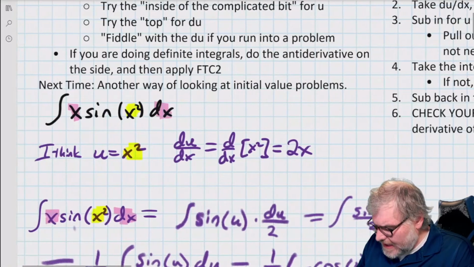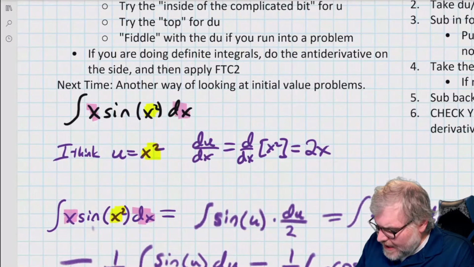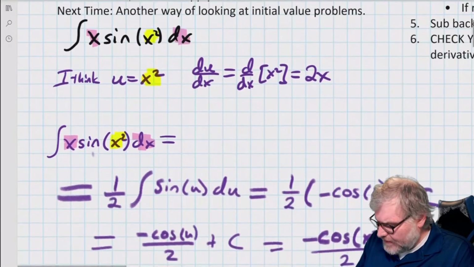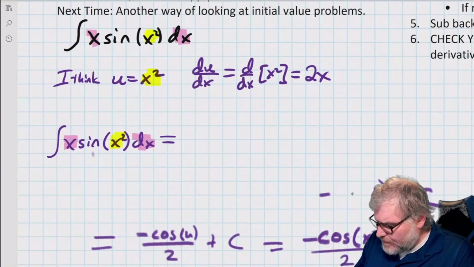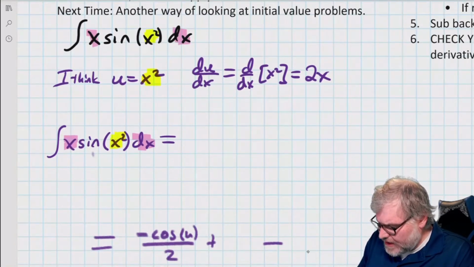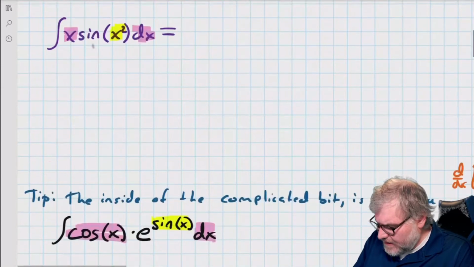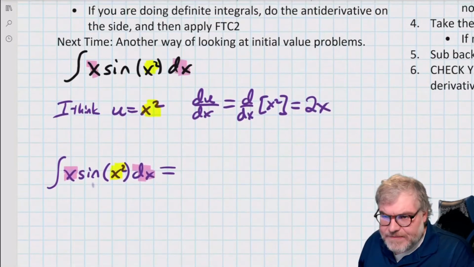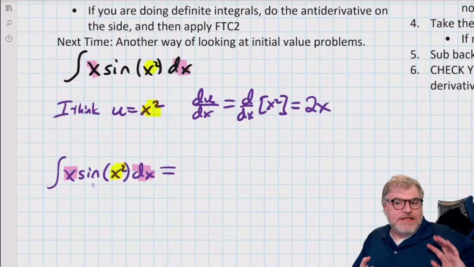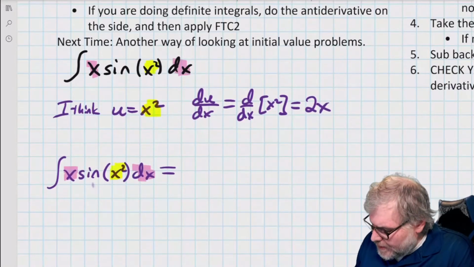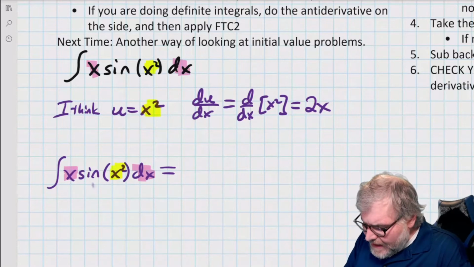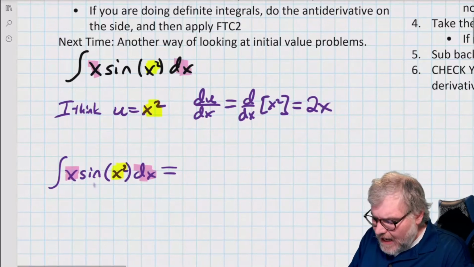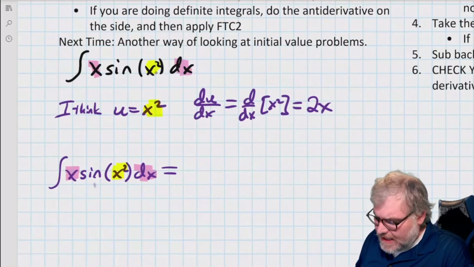Let's look at this, and it should be emphasized that we're going to play a little bit fast and loose with this idea of the du symbol being an actual thing rather than just a symbol for something. We're going to actually think of it as a piece of a fraction. Let me show you what I mean. I think here that the original u is x squared.